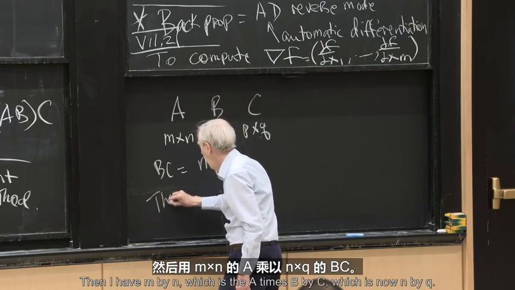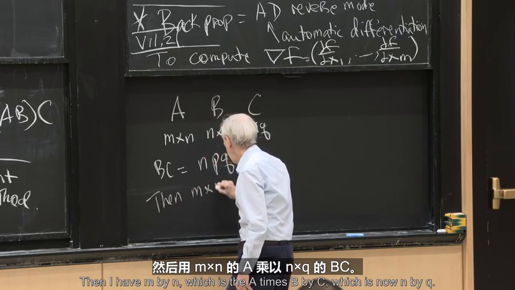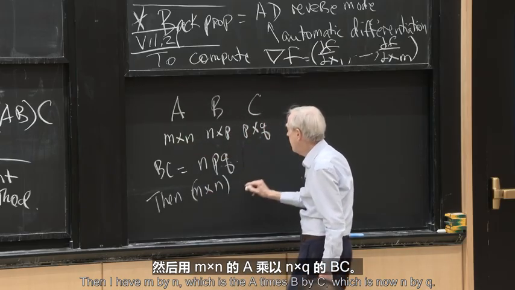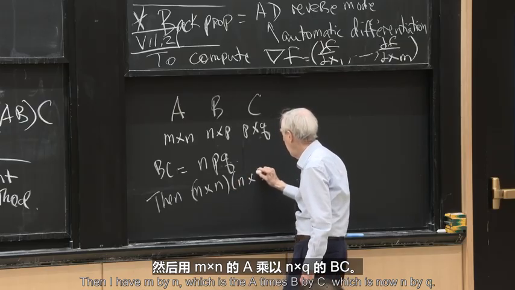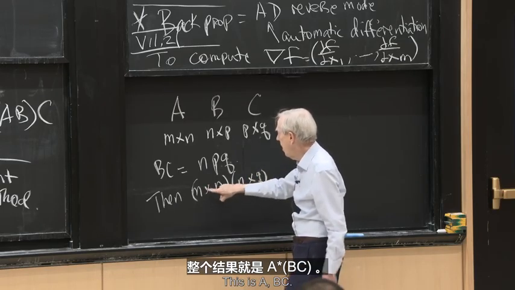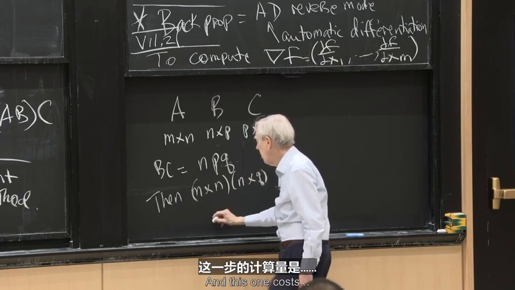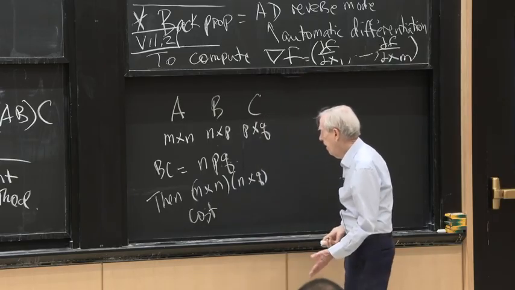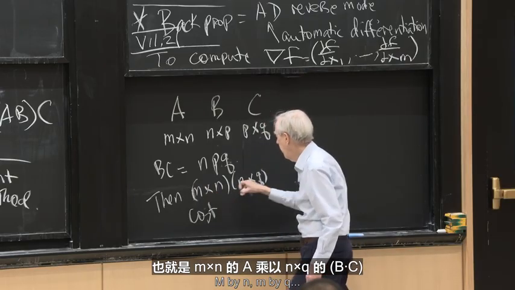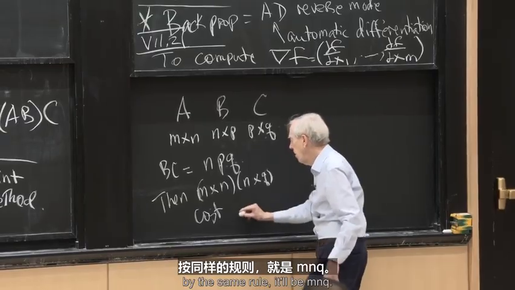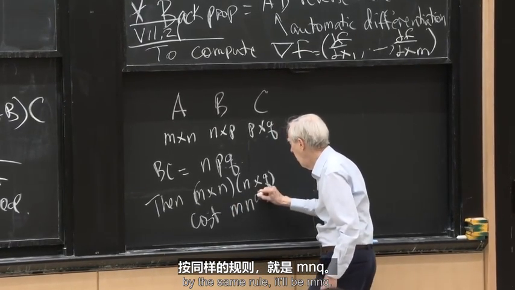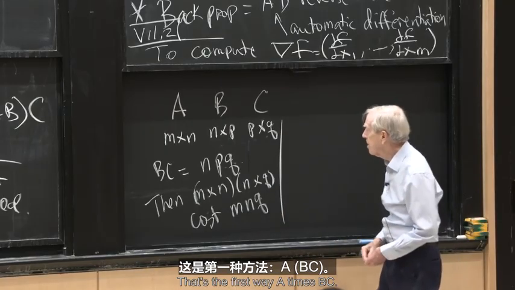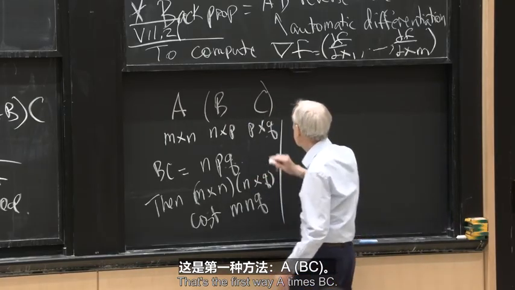That's A times BC. By the same rule, this costs mnq. Good. That's the first way, A times BC.